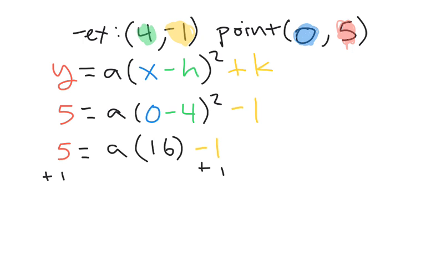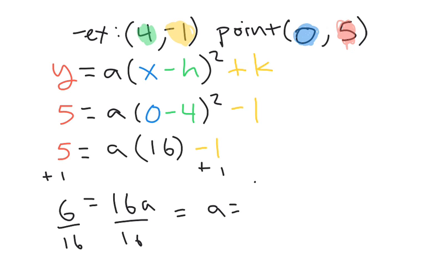And I get 6 equals 16a. I'm going to divide both sides by 16. And boom. A equals 6 divided by 16. In a perfect world, you would reduce that, but honestly, I'm just happy that you got here.